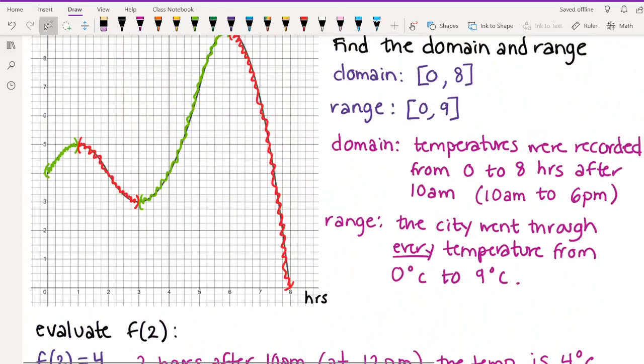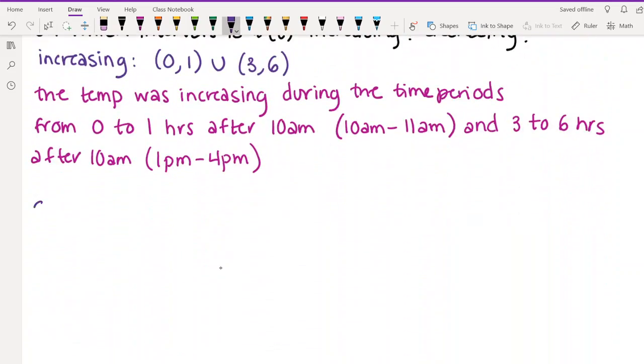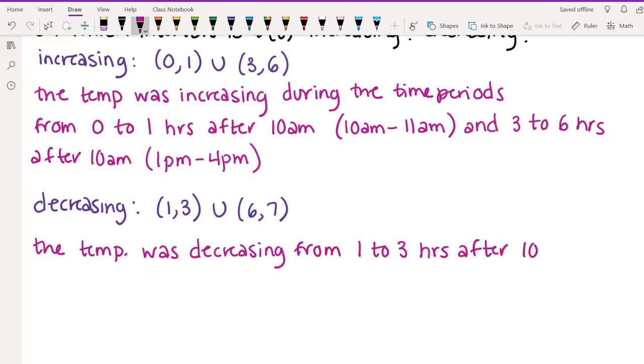Similarly, the function is decreasing from 1 to 3, and then also from 6 to 7. So the temperature was decreasing from 1 to 3 hours after 10 a.m. What would that be?